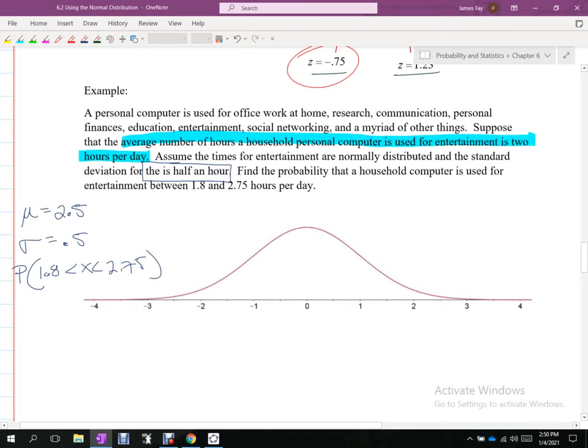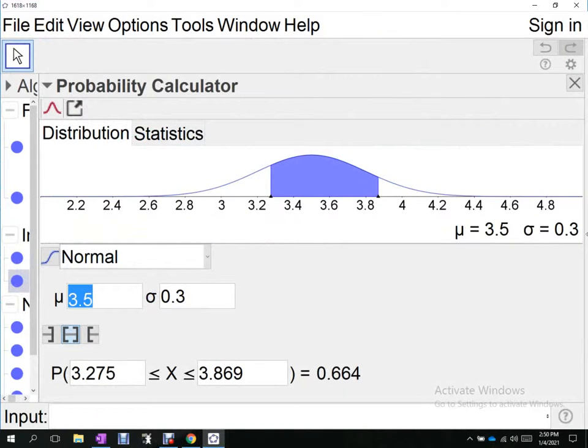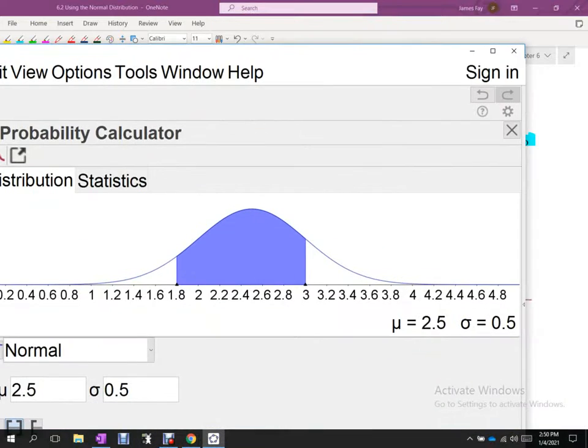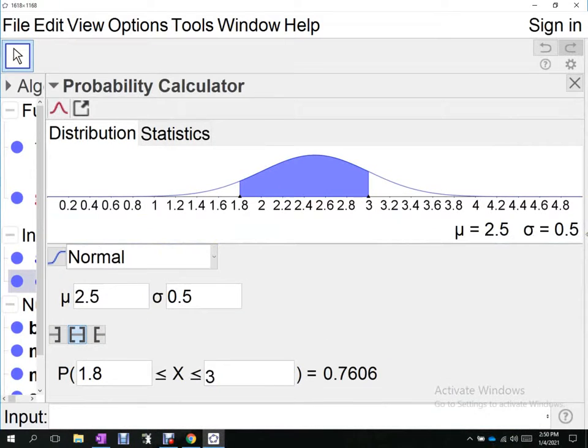Now, that's hard. 2.5 was mu, 0.5, we'd go 1.8 and 2.75. Now the calculator allows us to do this and we get 61%, okay?